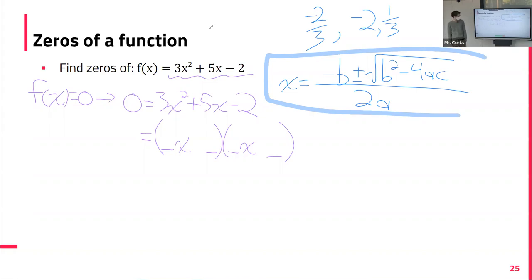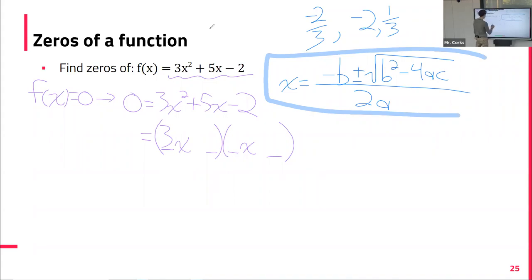Does anyone see one of them? Sorry, 3x plus what? Sorry, plus 2 or minus 1?